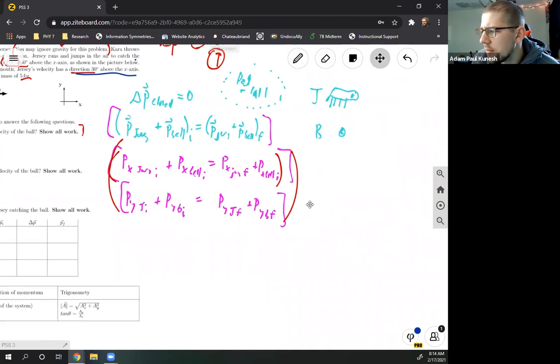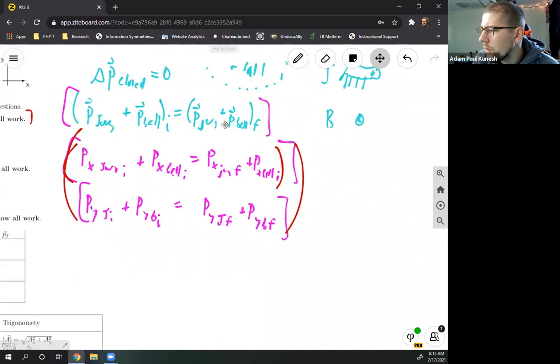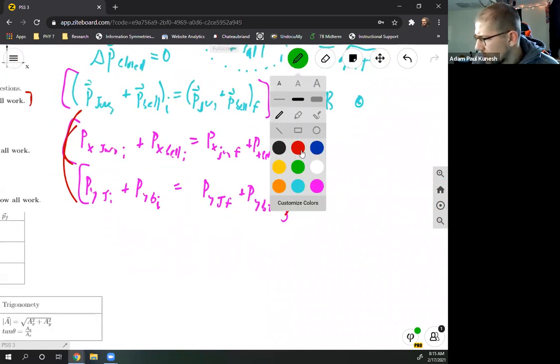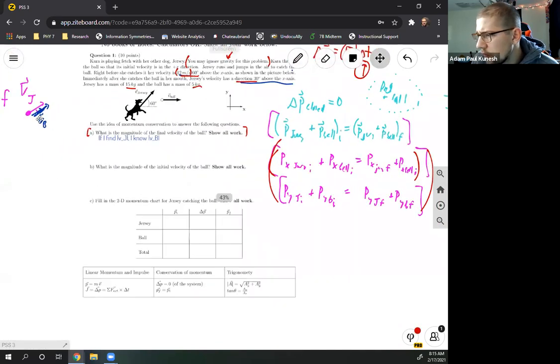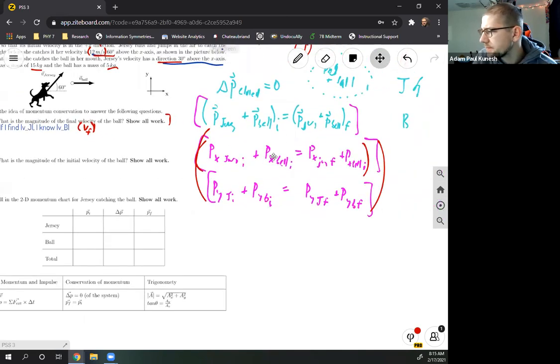Let's expand these two equations and figure out the one that'll help us find the magnitude of V_B. Since the two final velocities are the same, I'm just going to write both of those as V final. So V final is either of their final velocities.